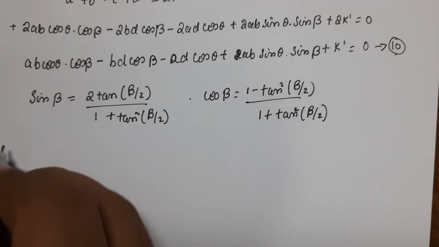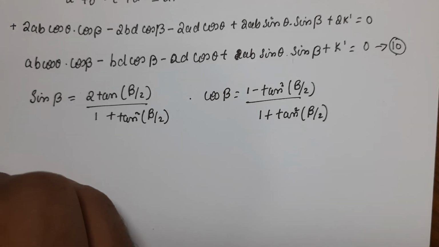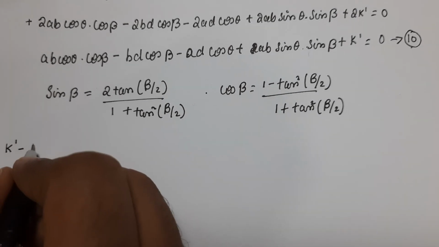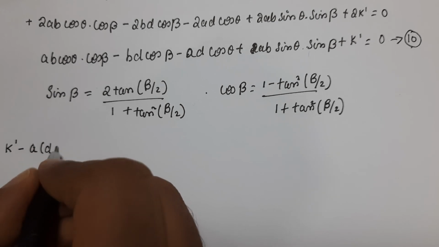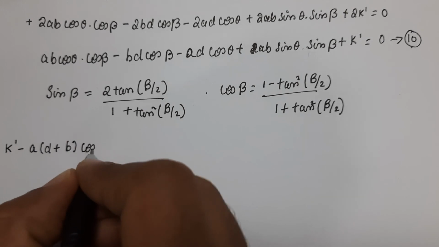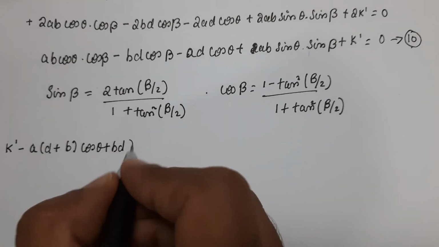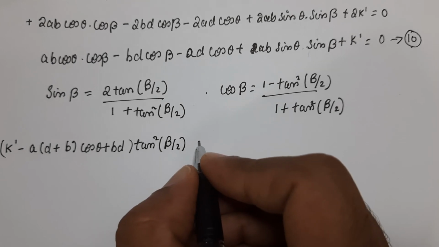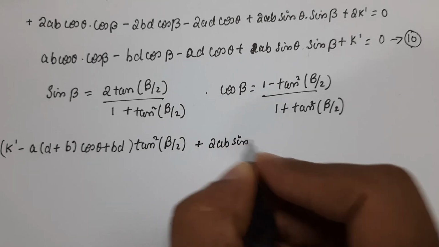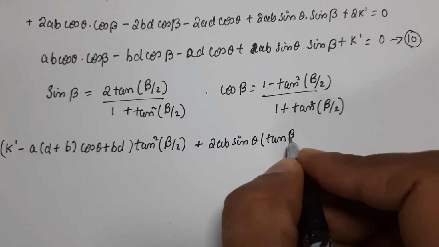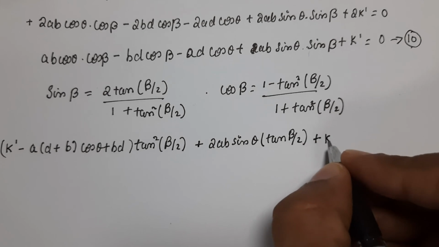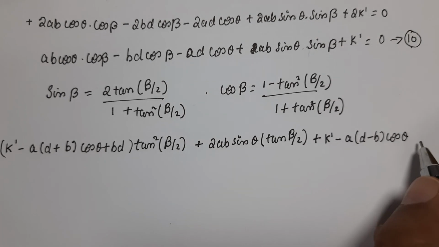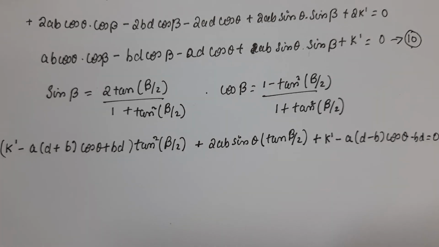So after simplification, we can write this equation as K dash minus A into (D plus B) cos theta plus BD, into tan square beta by 2, plus 2AB sin theta into tan beta by 2, plus K dash minus A into (D minus B) cos theta minus BD, is equal to 0.